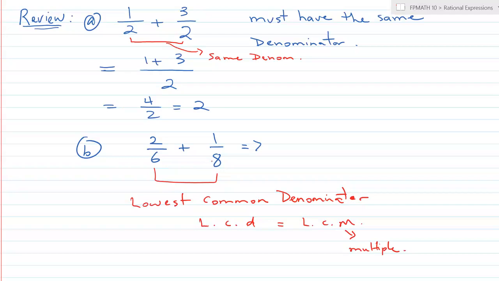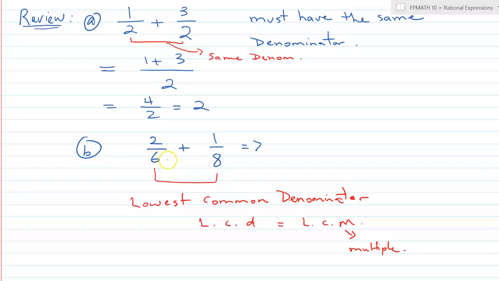So what should we do to make the denominators the same? Looking at multiples of 6, 12 and 8 doesn't go, 18 doesn't go, but 24 does.